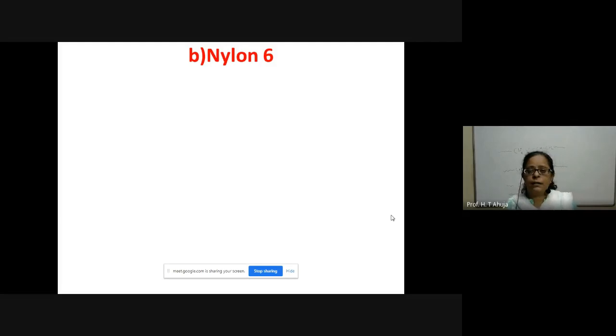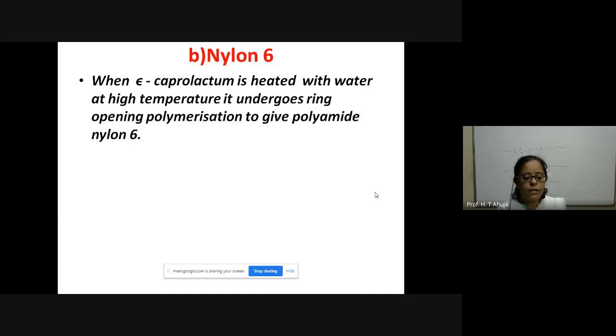Now, under the category of polyamides, we are going to talk about another polyamide polymer, that is nylon 6. As I have earlier told you, some polymers are made by ring opening. So this is one example of ring opening polymerization.